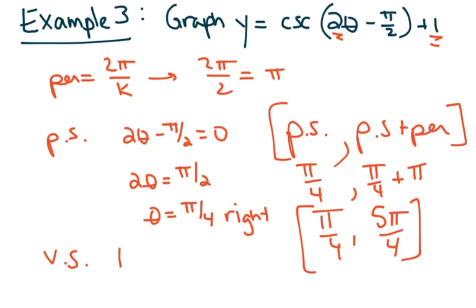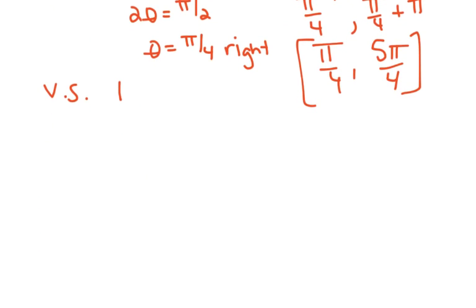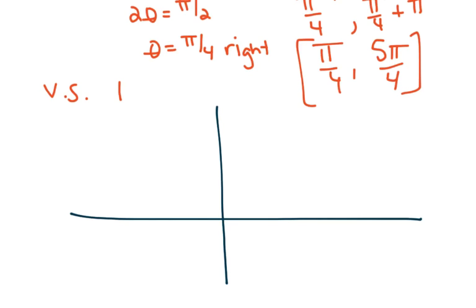All right, so now let's go graph this. Remember, there are a couple things going on here that we need to account for. First of all, let's worry about the tick marks on the x-axis. We're starting at pi over 4, and we're ending at 5 pi over 4. So the asymptote in the middle is going to be the average of those two numbers.